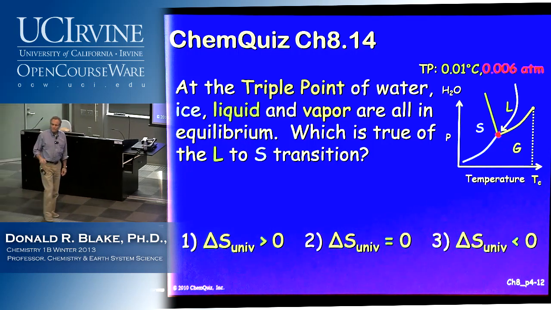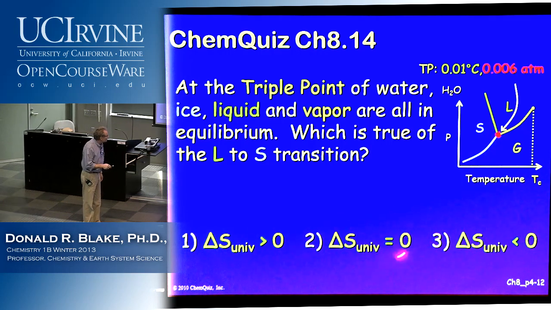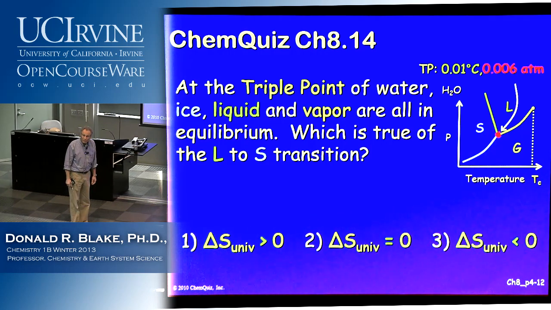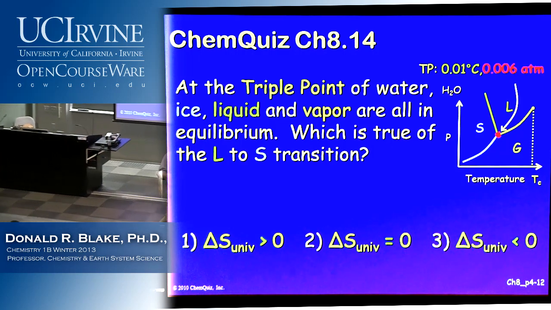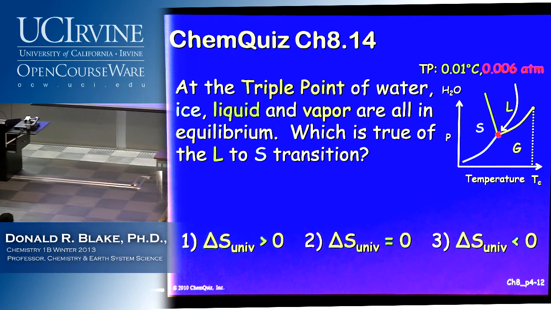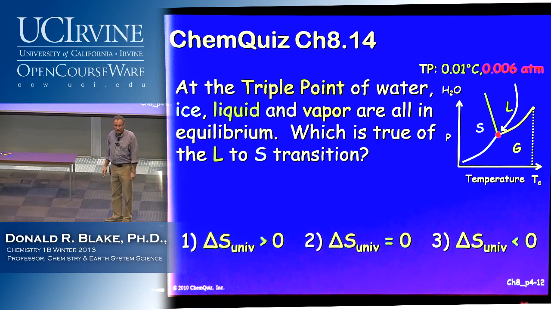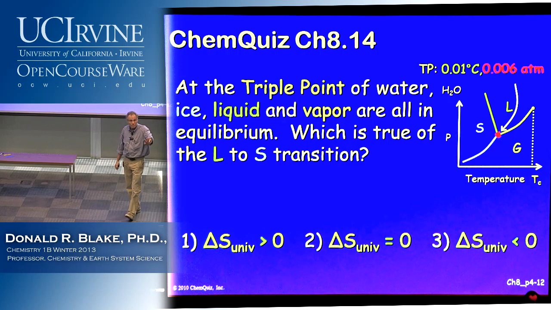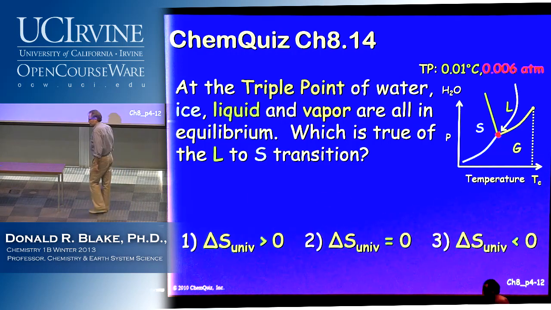Folks, at equilibrium, the delta S of the universe equals 0. At equilibrium, delta G equals 0. At equilibrium, delta S is equal to 0, S of the total universe, not of the system, not of the surroundings, but of the whole universe.